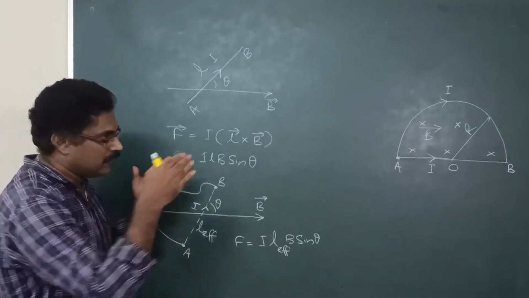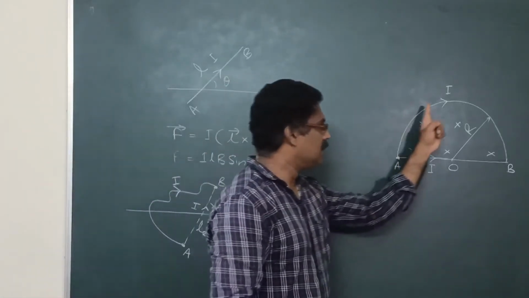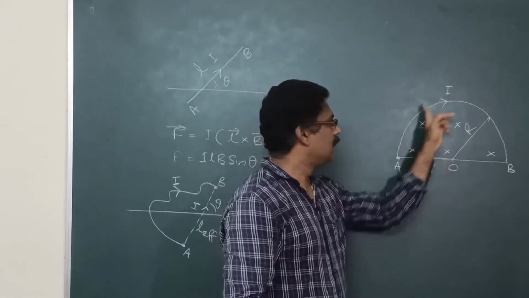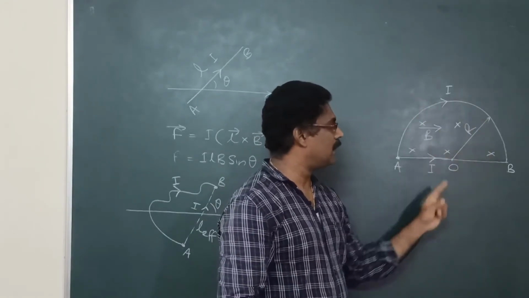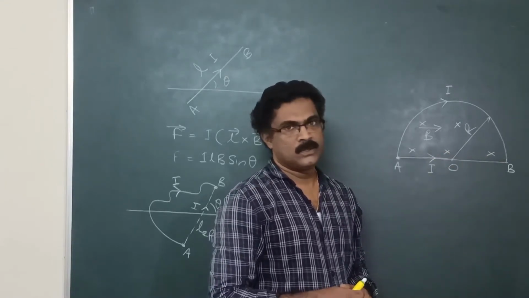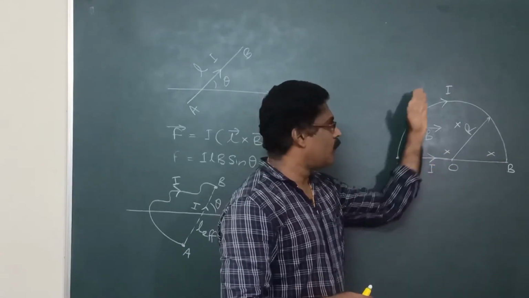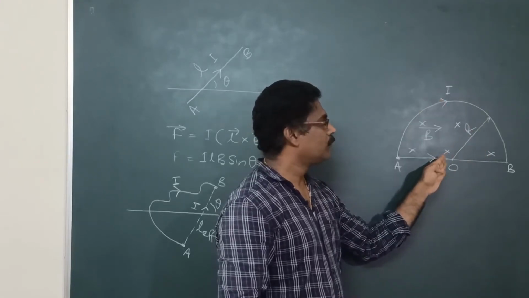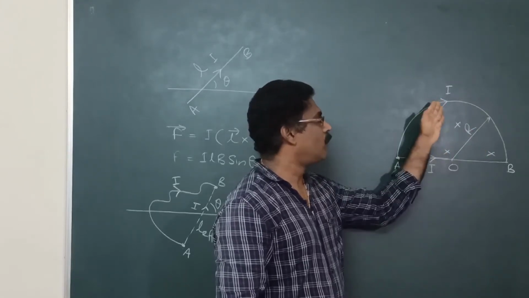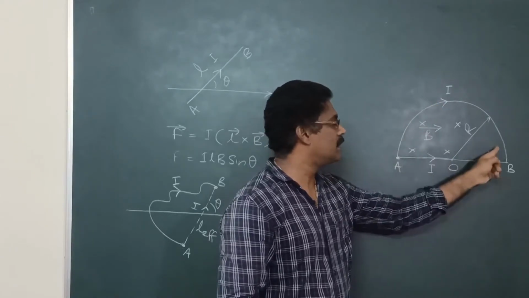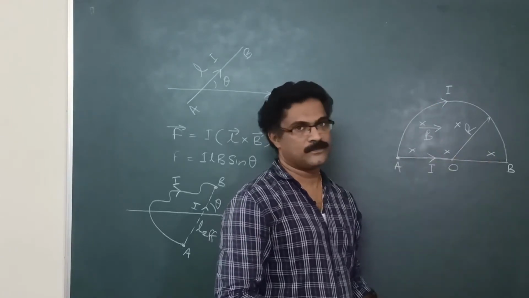Here you can see there are two sections in this loop. One is a curved section of the conductor and the other one is the straight line segment. The net force on this loop is the vector sum of the force on this section and this section.